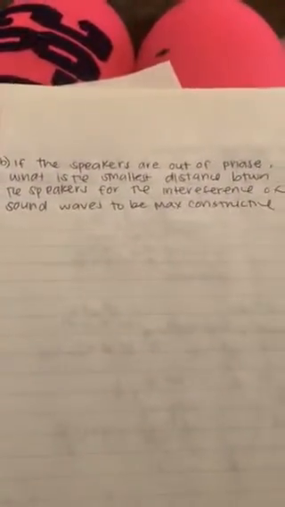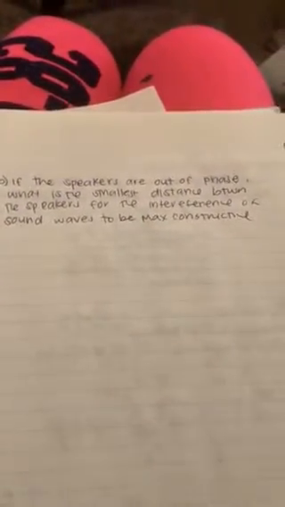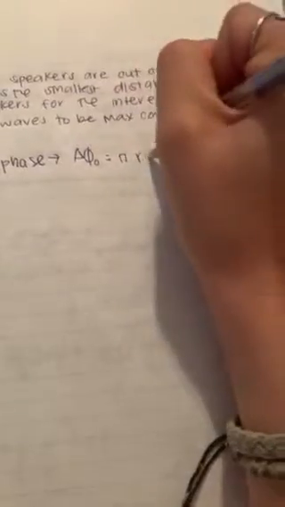So for number B, or letter B, it's asking if the speakers are out of phase, what is the smallest distance between the speakers for the interference of sound waves to be maximum constructive? So for out of phase, we know that this value is going to be pi rad this time, and we're using constructive interference.